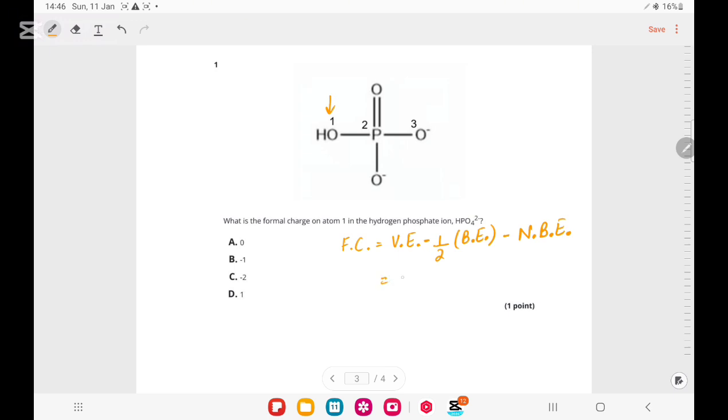So valence electrons here are 6, minus 1 by 2 bonding electrons, which are this 1 and 2, and you can see 2 electrons are also bonded with hydrogen. So we can say it is going to be 4 minus, how many non-bonding electrons are there? They have a lone pair here, a lone pair here, which is going to be 4 out there. So this would cancel with this. So 6 minus 2 minus 4, and that becomes 0. So our answer is going to be option A.